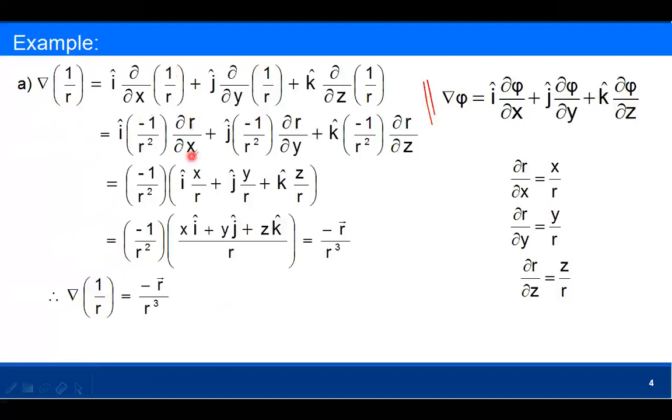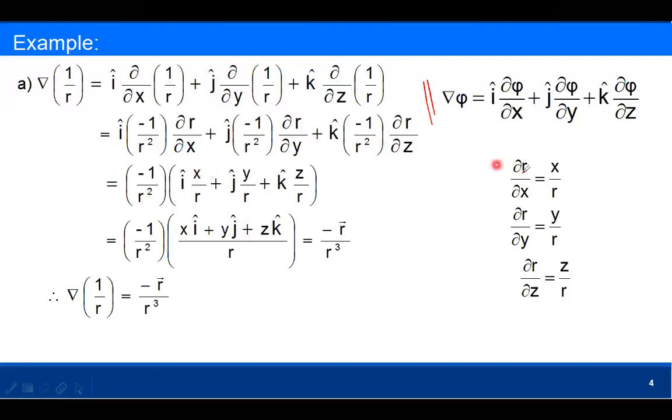Similarly, derivative of 1 by r with respect to y is minus 1 by r square, and derivative of r with respect to y is dou r by dou y, plus again k, minus 1 by r square into derivative of r, dou r by dou z. So in this you can take out this minus 1 by r square common. So this is dou r by dou x i plus dou r by dou y j plus dou r by dou z k.